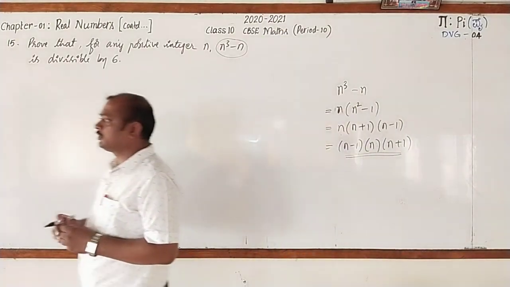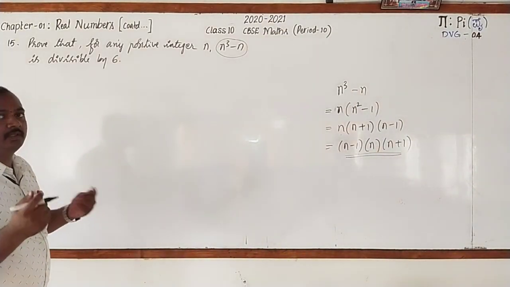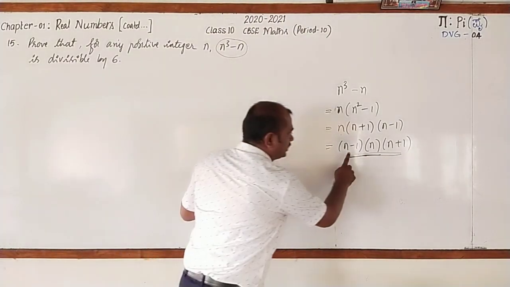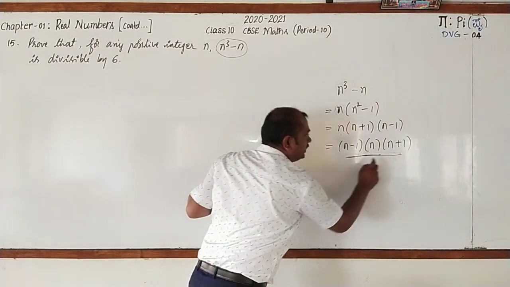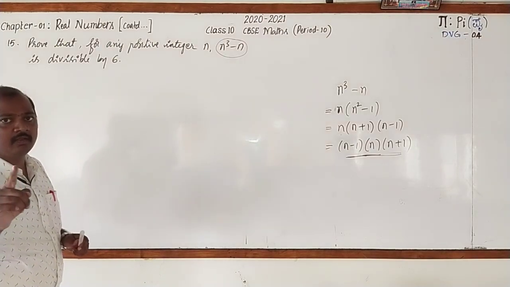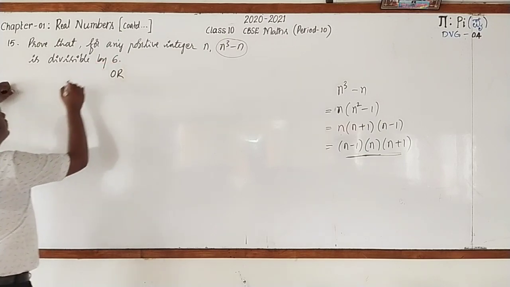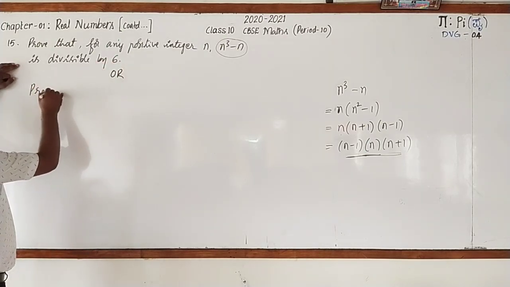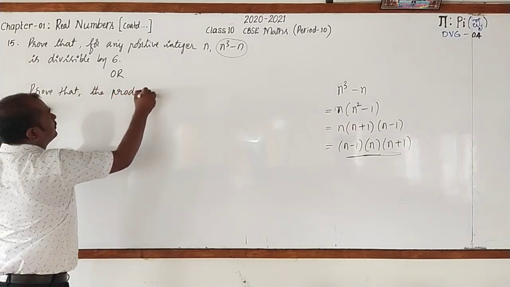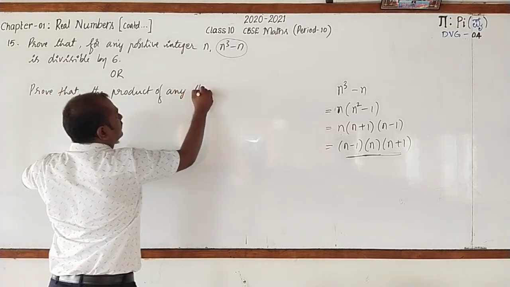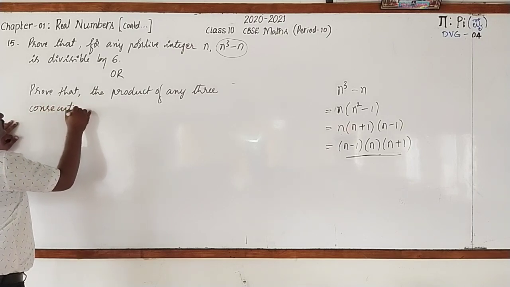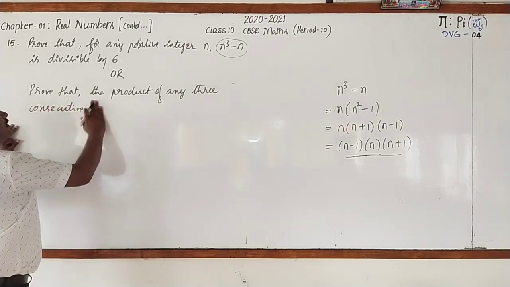Then, is it possible to write the same question in another form? Yes. Using this statement, try to tell. You can say that, prove that the product of any three consecutive integers is divisible by 6. Is it okay? Yes. Now, I am going to rewrite the question as: prove that the product of any three consecutive integers, positive integers or negative integers, is divisible by 6.